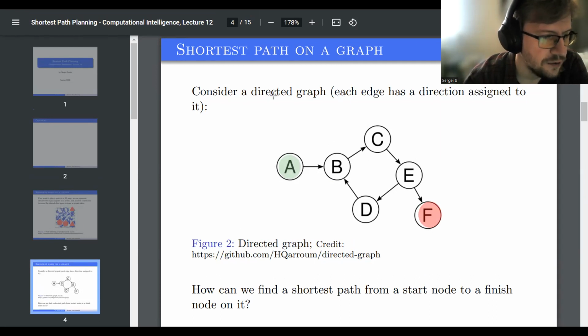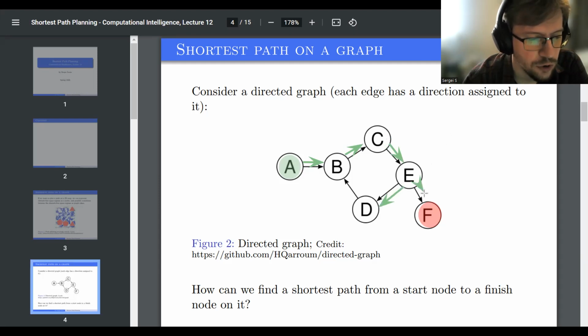A directed graph implies that you can only go in the direction that the arrow shows. So you can only go this way, and here you can only go this way, and so on. You cannot go against the direction.